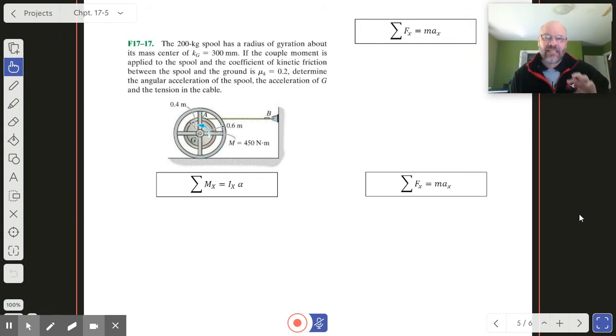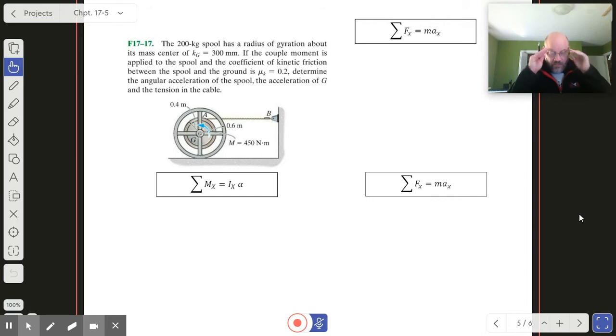So whatever's causing this thing to turn is going to cause the cable AB to wind around onto that cable. Now, our job is to determine the translational acceleration, the angular acceleration, and then also the tension in the cable.